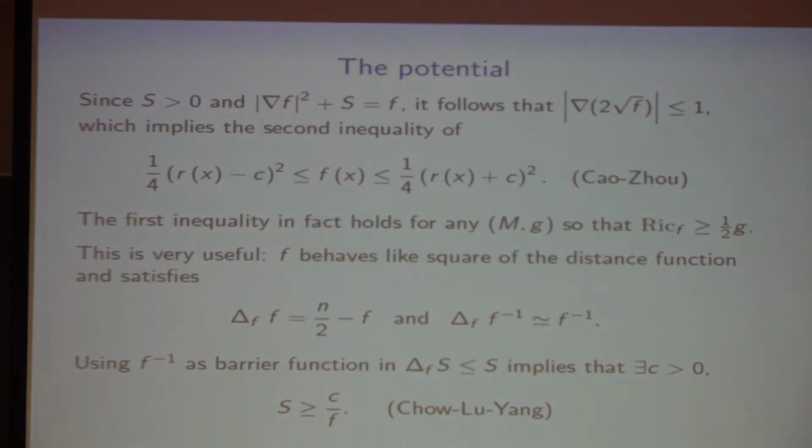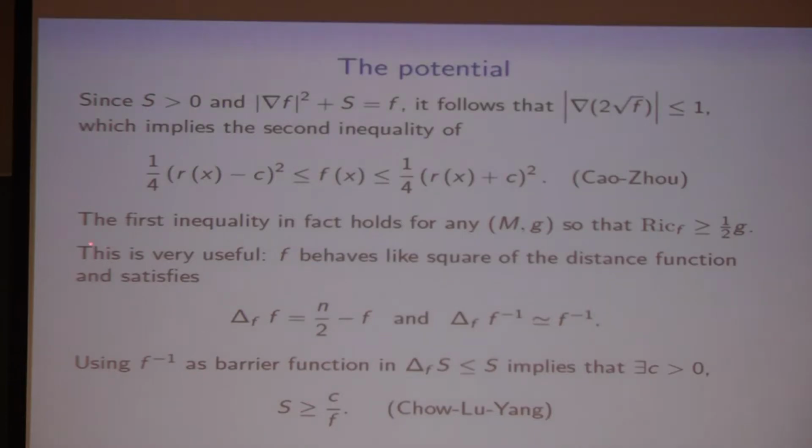So this is again extremely useful, because now you can use this function f in cutoff arguments. Usually you worry about controlling the Hessian of the distance, controlling the Laplacian of the distance. Now you don't have to worry about those, because the Hessian of this is given by the soliton equation, and the function itself is like a distance function, right?